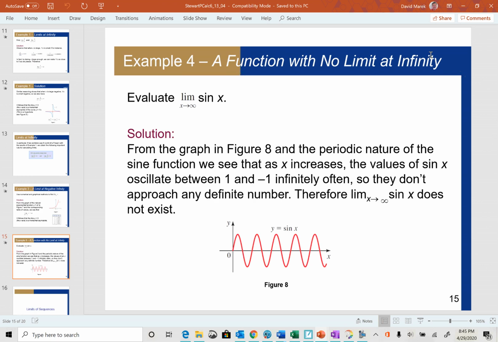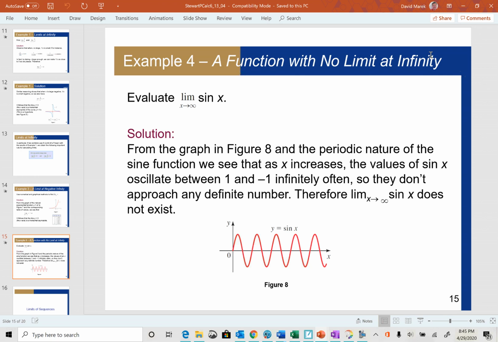All right, so for the next one, it's our old friend the sine function. The limit as x approaches infinity of sine of x. You remember this. Please tell me you remember this. Okay, all right, good job that time.